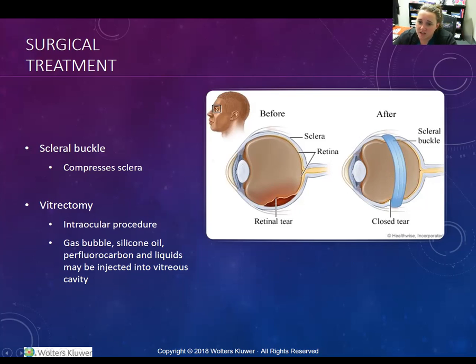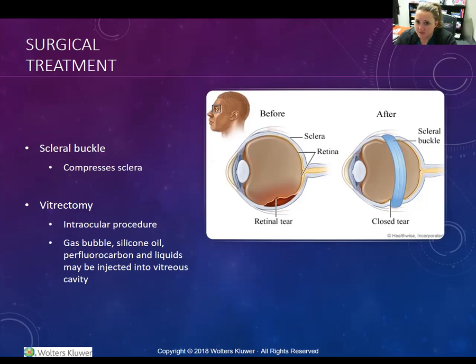The important thing to know when you're discharging somebody who's had this procedure is that they have to lay prone, usually for at least a week. Not all hours of the day, but usually they have to lay prone for 45 minutes out of every hour, so they can get up and go pee and eat or drink, and then for 15 minutes out of every hour, and they need to stay down.